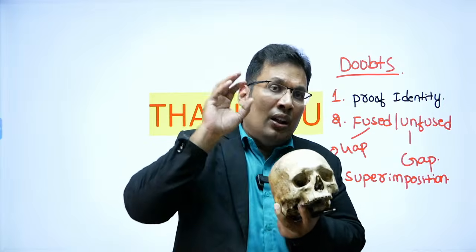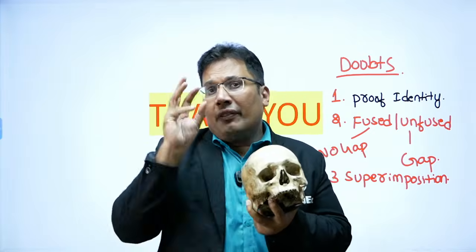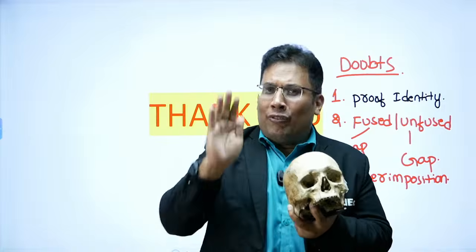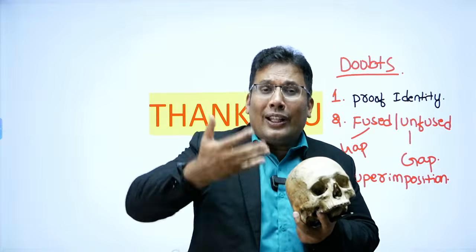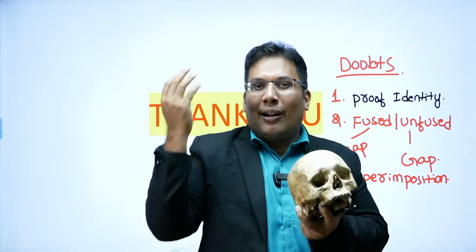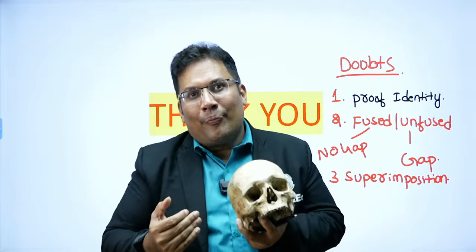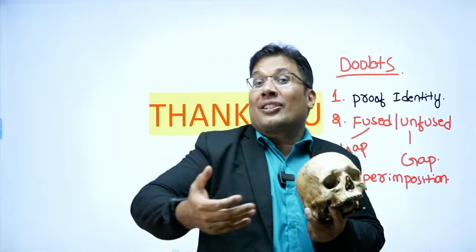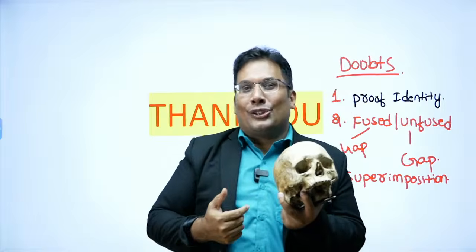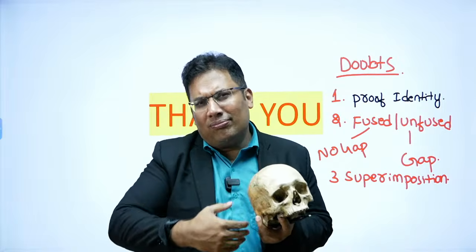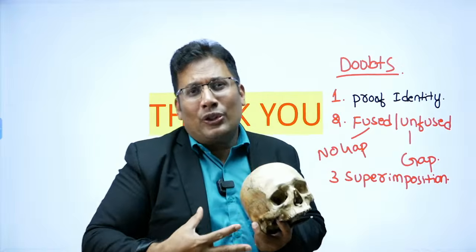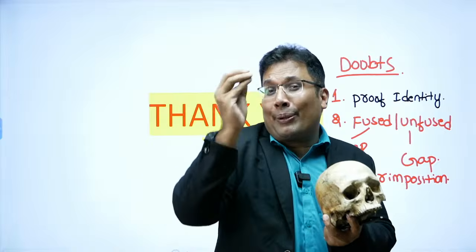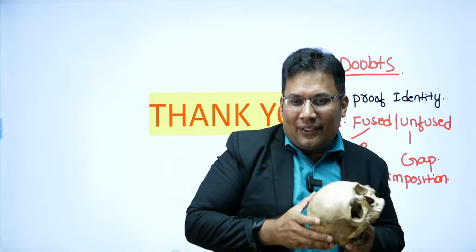Comparing that skull with a video, a previous Instagram video, WhatsApp video, or photograph of the suspected missing person is known as superimposition. Now, by using AI and other applications, you can determine whether this skull belongs to a particular person or not.